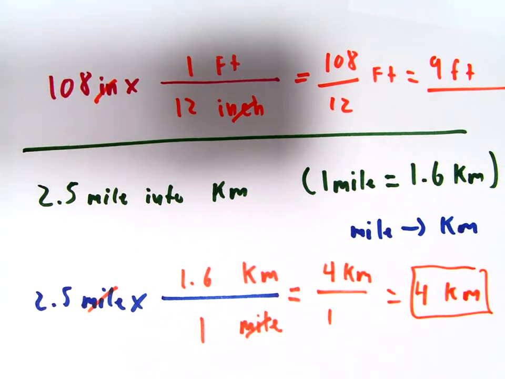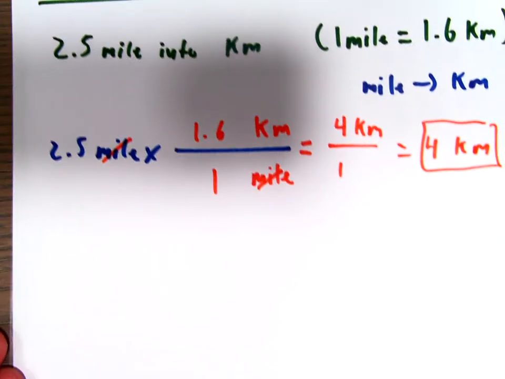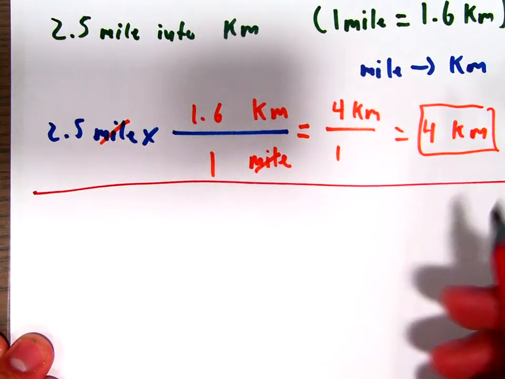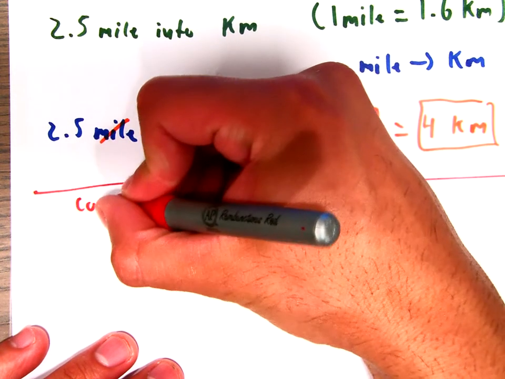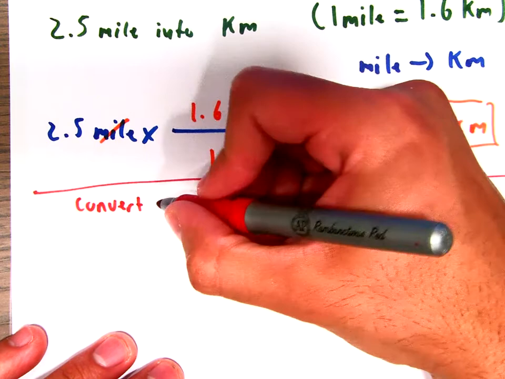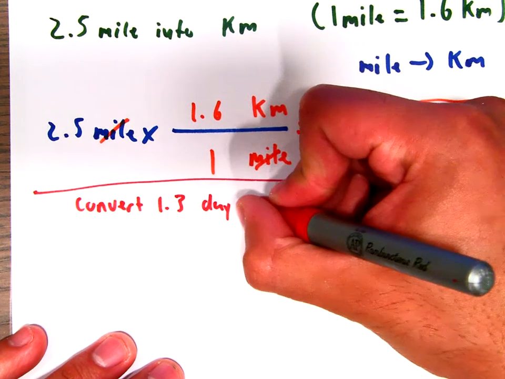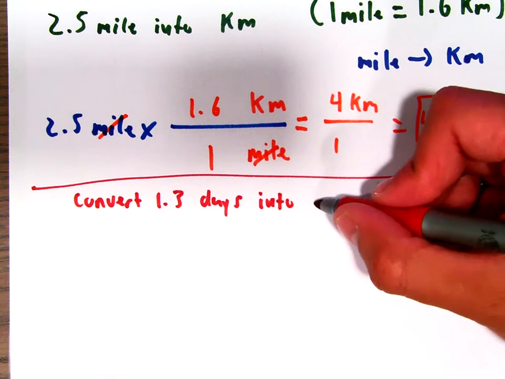All right, this next one is going to be a two-step problem. You could do it in one step, but you'll see why I'm doing it in two. Let's say I want to convert 1.3 days into minutes.